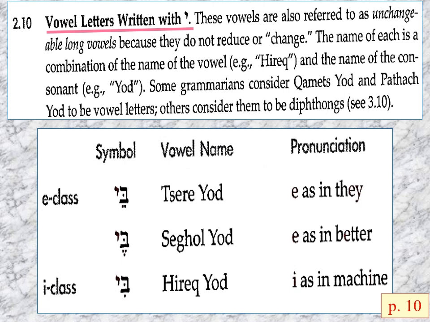So if we were to pronounce those down the column of symbols underneath, it would be bey, bay, and bee.